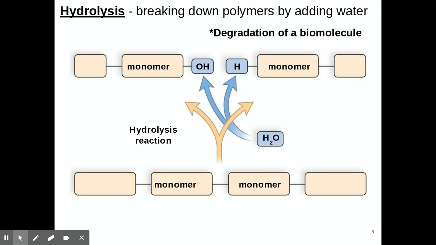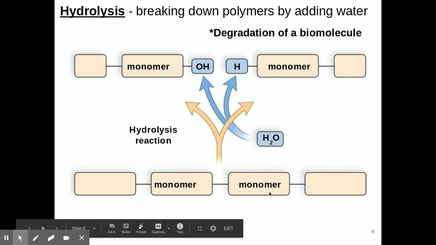Just kind of picture a big fire hose. If I had a big fire hose and I aimed it at you guys holding your hands, it would break your hands apart. So if I add water to your holding hands, I can pull something apart. That's kind of how I picture this big polymer. They're holding hands. We've got this bond. I add water to it and it breaks them apart. Okay?